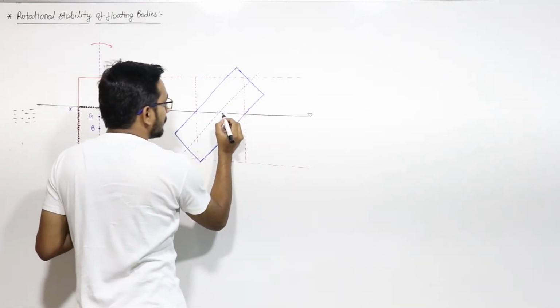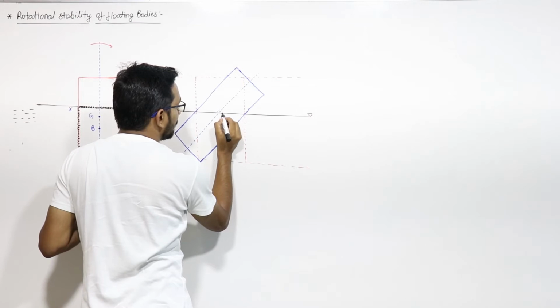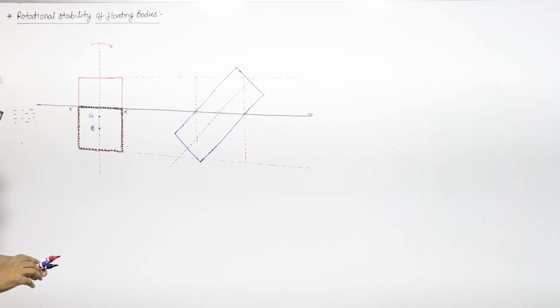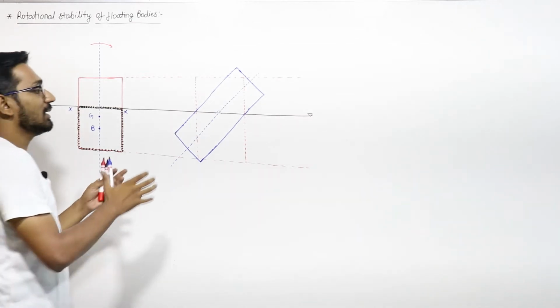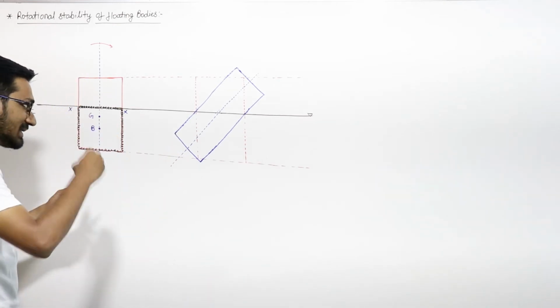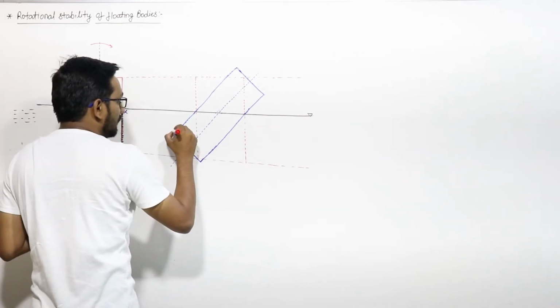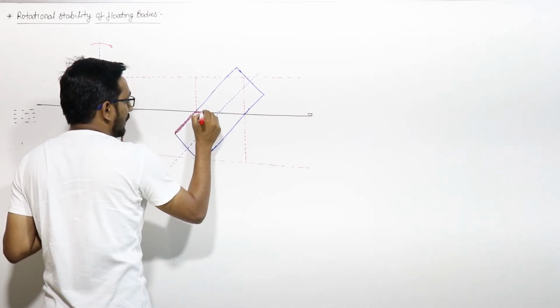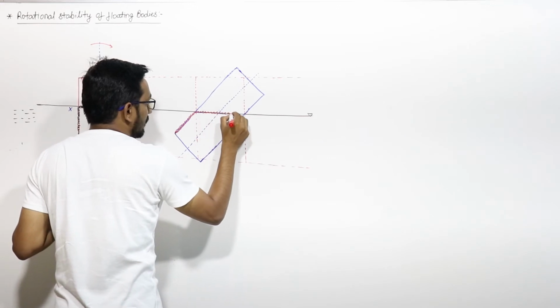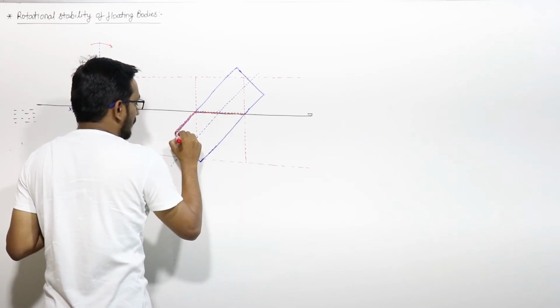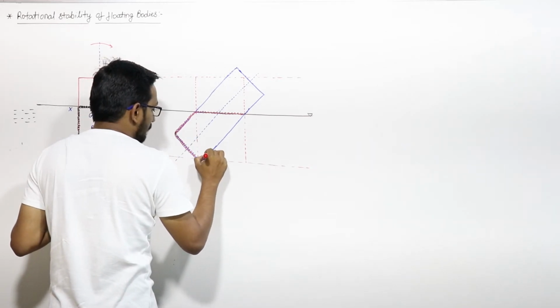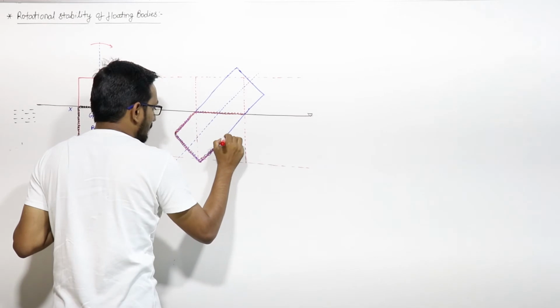Now if you see from here, if I mark the body surface which is inside the fluid, let us say this shape of the body will be inside the fluid, right? This shape of the body will be inside the fluid.